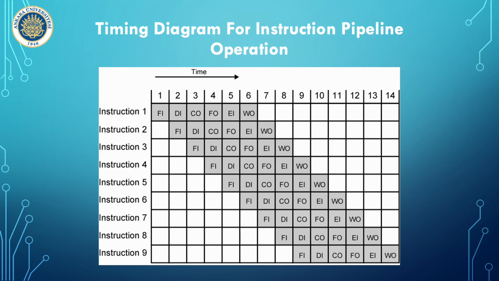The key idea is that once the pipeline is full, a new instruction can complete every clock cycle, of course in theory. However, as we will see in the hazards, issues such as resource conflicts, data dependencies, and branches can interrupt this ideal flow.